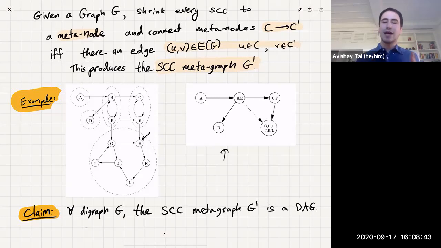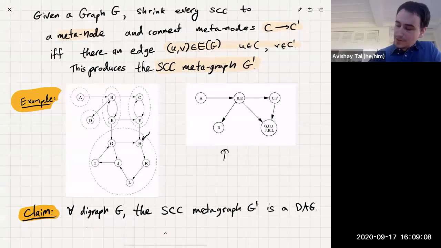So we cannot reach any other meta node, but we will reach every node inside the strongly connected component of H. So if we run DFS from H, we figure out the strongly connected component of H. But notice that this is what we want to compute, right? So we don't have it in our hand, the thing on the right. What we have is the thing on the left.